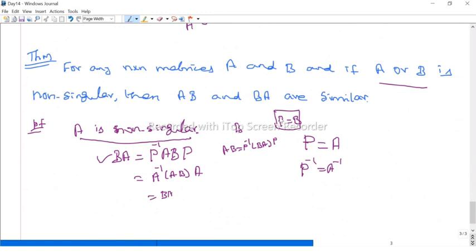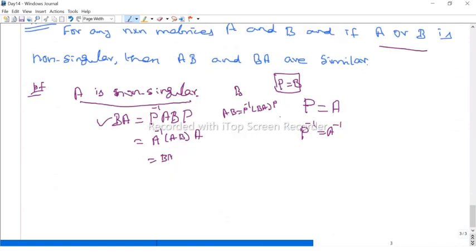And if you know they are similar, then we can know about the trace and determinant. Not only trace and determinant, the rank of the matrix is also the same. That is, if A and B are similar matrices, then the rank of A equals the rank of B. That is a very important thing. Maybe I can write here.